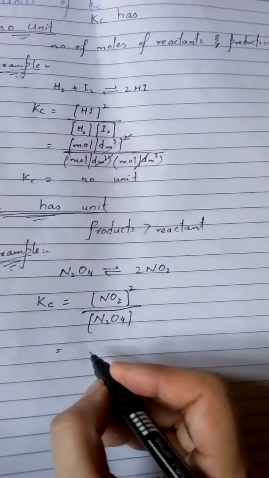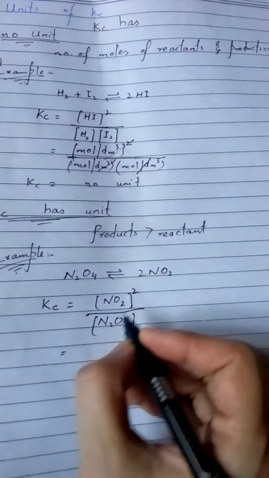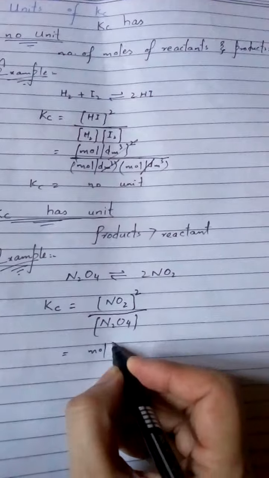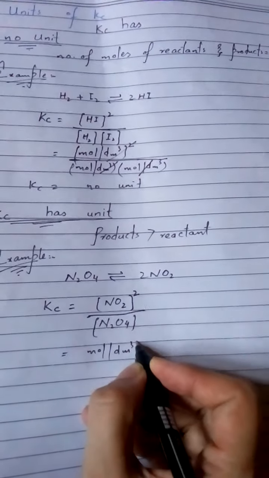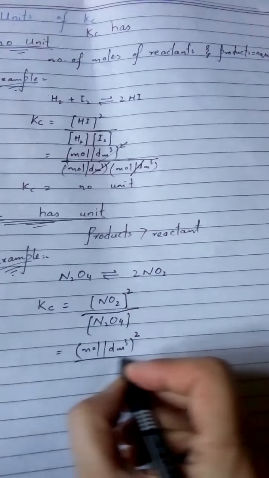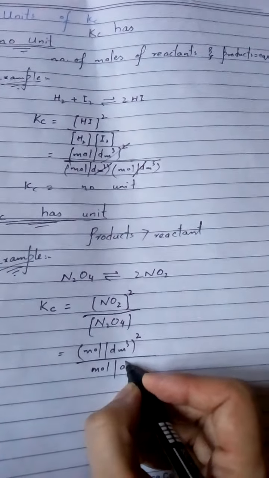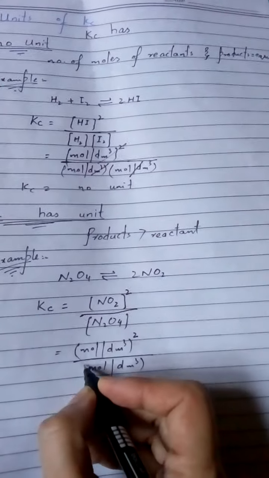Now we will write the unit of concentration, which is mole per decimeter cube raised to the power of 2 over mole per decimeter cube to the power of 1.